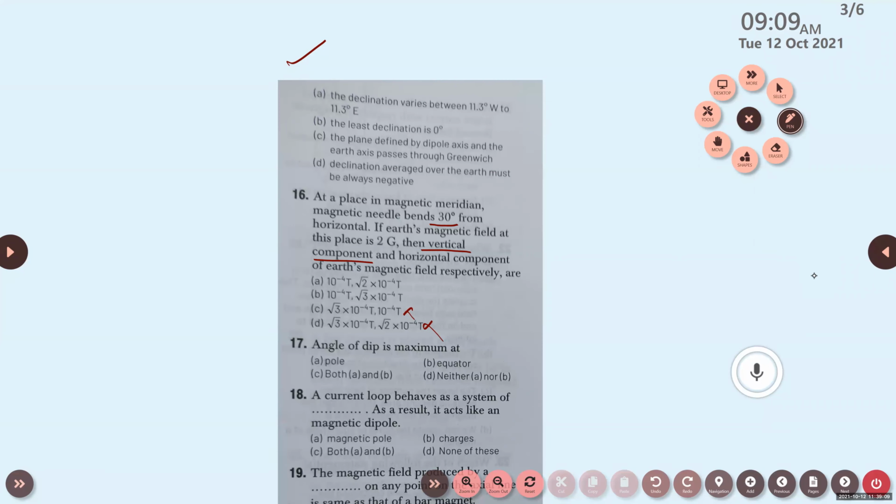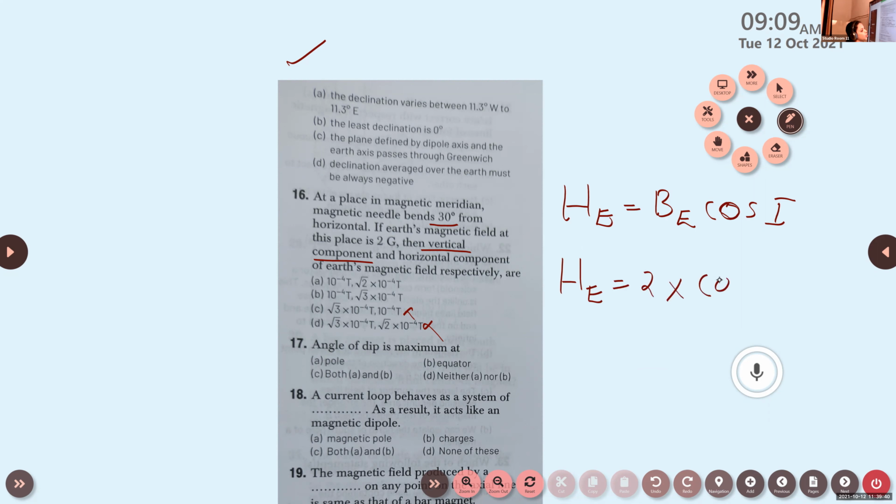Yes, ma'am. H is equal to BE cos I. Okay, H is equal to BE cos I. Then H is equal to 2 into 10 raised to minus 4 into cos 30.